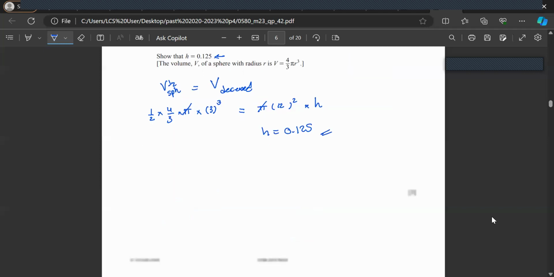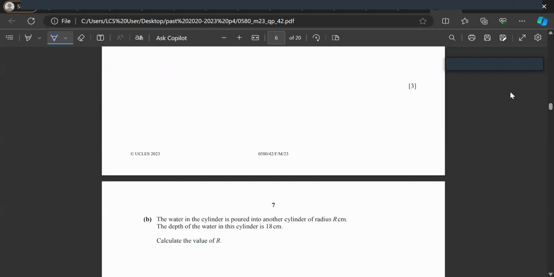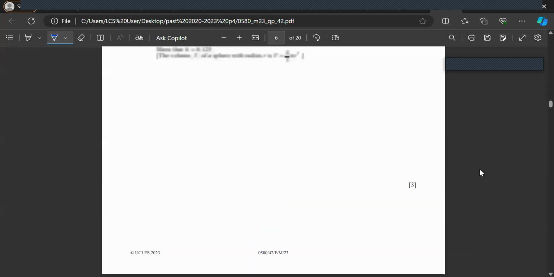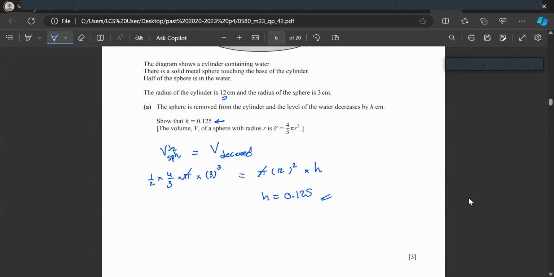Okay, next question. The water in the cylinder is poured into another cylinder with radius r. Find the depth of the water in the new cylinder. Look here. Now I have to find what is left.